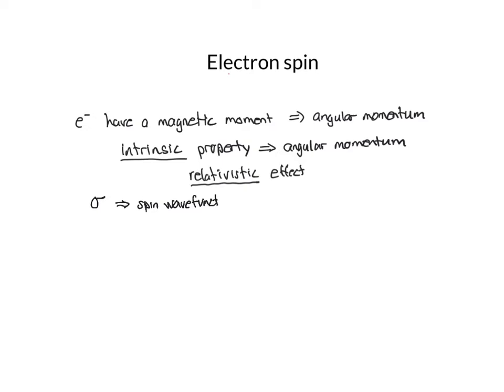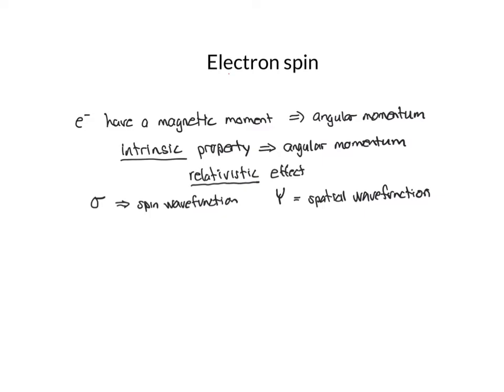So we can separate out the spatial wave function, psi, that we've been talking about up until now, which tells us about where the electron is in space, r, theta, and phi. And sigma is going to be our spin wave function.